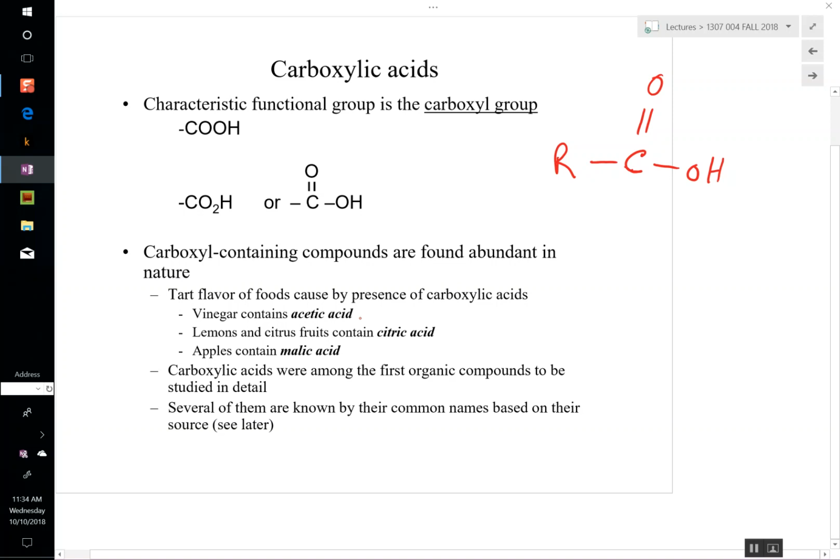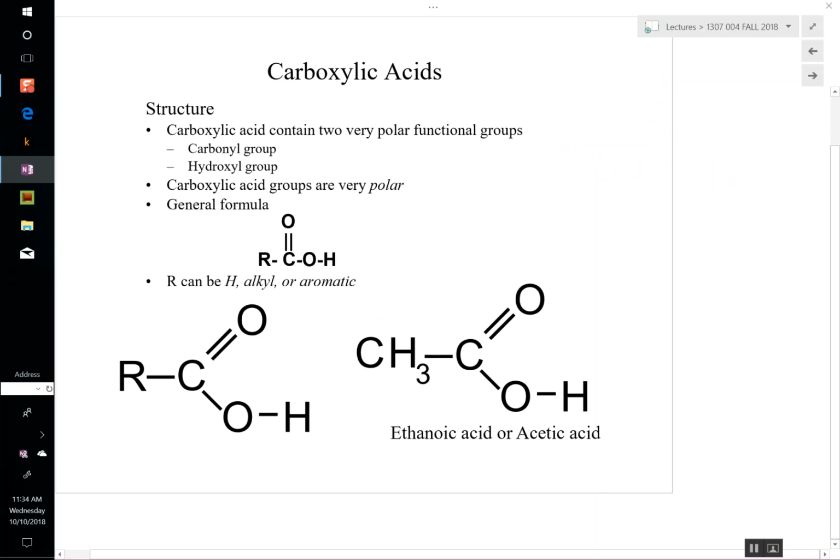Vinegar contains acetic acid. Lemons and citrus fruits contain citric acid. Apples contain malic acid. These are all going to have that carboxyl group on them, or in some cases 2 of them.